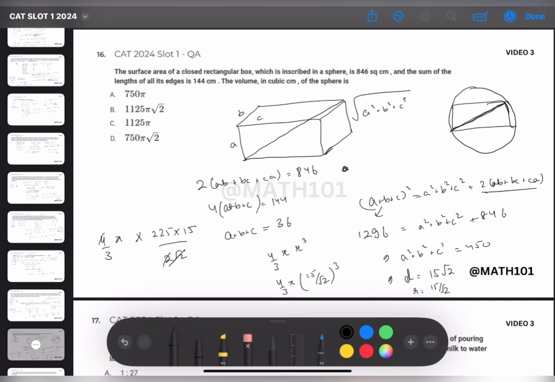Here we are left with a root 2, and here we are left with a 5. So π root 2 into 225 times 5, which is 1125. So the answer is B. 16B is the right answer. Moving on.